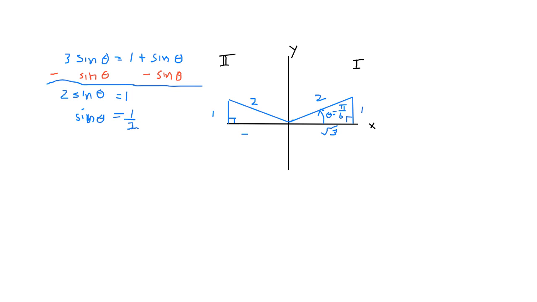This, of course, is negative root 3, but that's not really what we care about. The reference angle here is 30 degrees, but that means then that this angle here would equal 5 pi over 6.